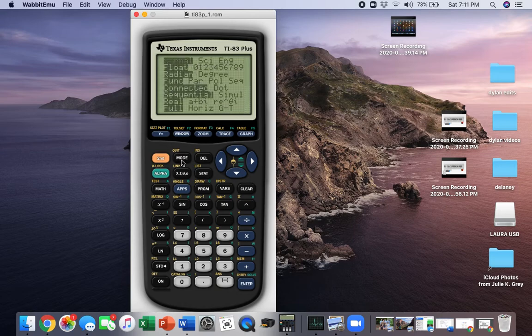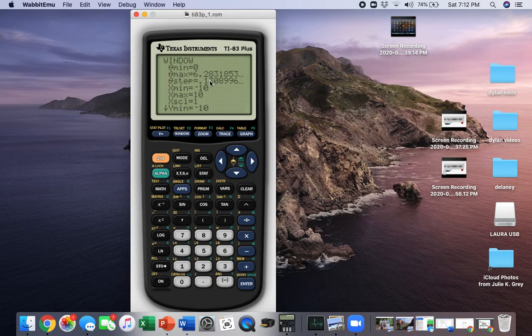So go to mode, over to polar, and let's graph 1 minus 3 cosine theta. Go ahead and hit mode again just to verify that you are in radians. Hit window, and I do want to go all the way around, 0 to 2 pi.